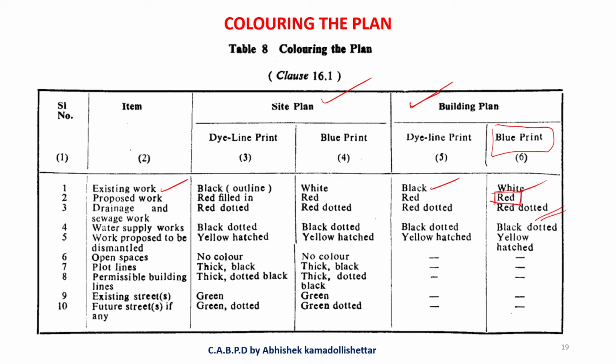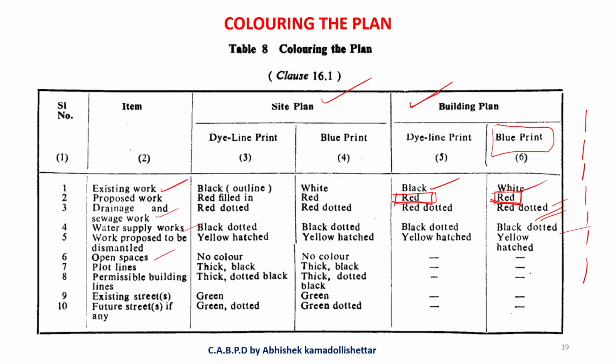Already existing plans will be in black. Whatever you are proposing will be in red color. Drainage and sewerage work, you can see red dotted lines. Water supply works, black dotted. You can have water supply lines like this. I am using red here, but actually it will be black.